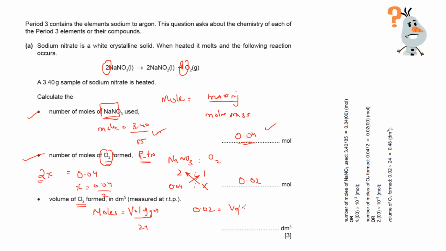We are finding that. So volume of the gas is unknown and divided by 24. So if 24 is divided, on the other side it will be multiplied. So 24 multiplied by 0.02. What will be our final answer? It will be 0.48 decimeter cube.